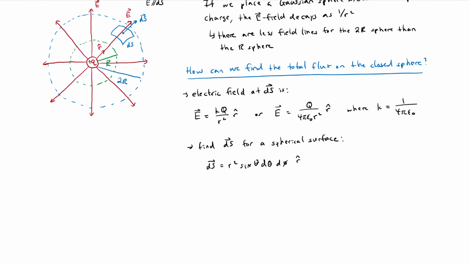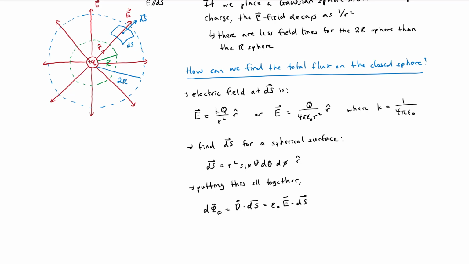So putting all this together, I have the differential flux defined as D dotted with dS, which is equal to epsilon naught E dotted with dS.